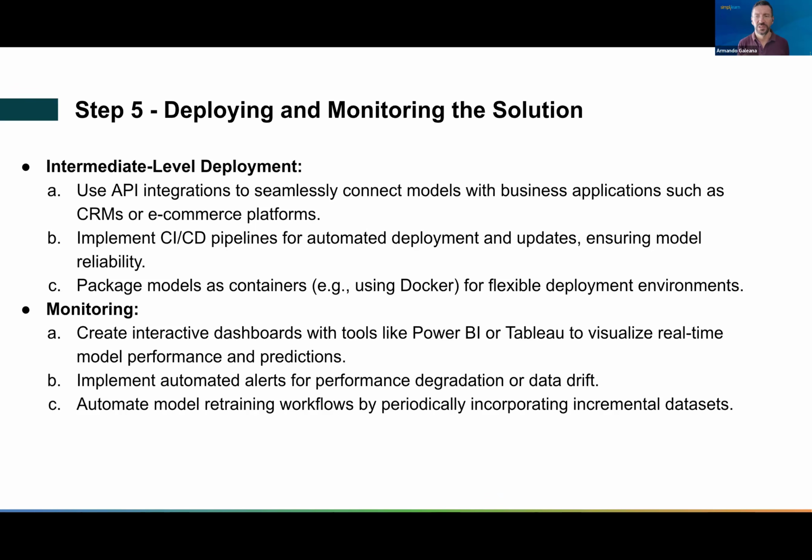So you can expose that endpoint, so people will send information to that endpoint. That endpoint through HTTP will communicate to the server, to your model, and through HTTP will give you a response back. This is the most common way to deploy, through API endpoints, because that allows integration with applications like CRM systems, e-commerce platforms and stuff.